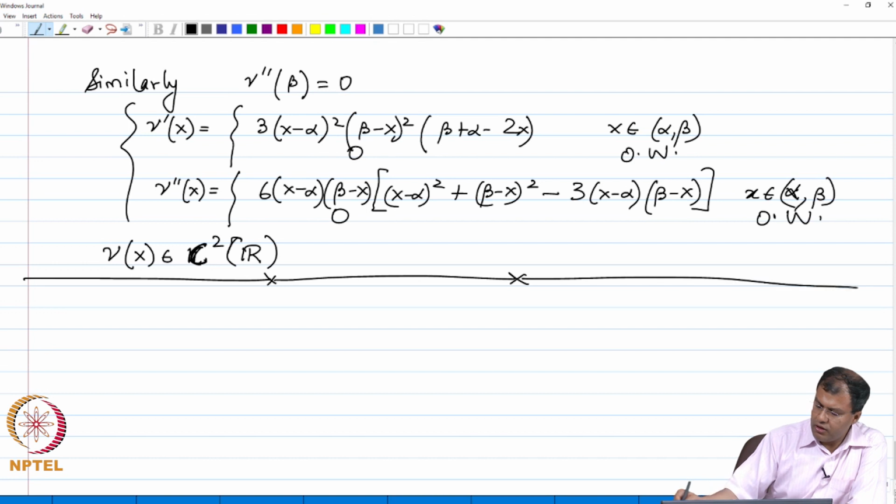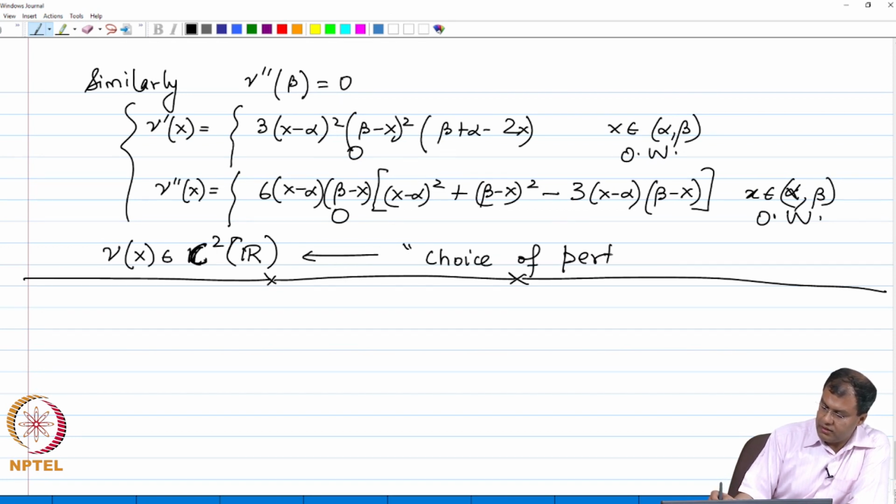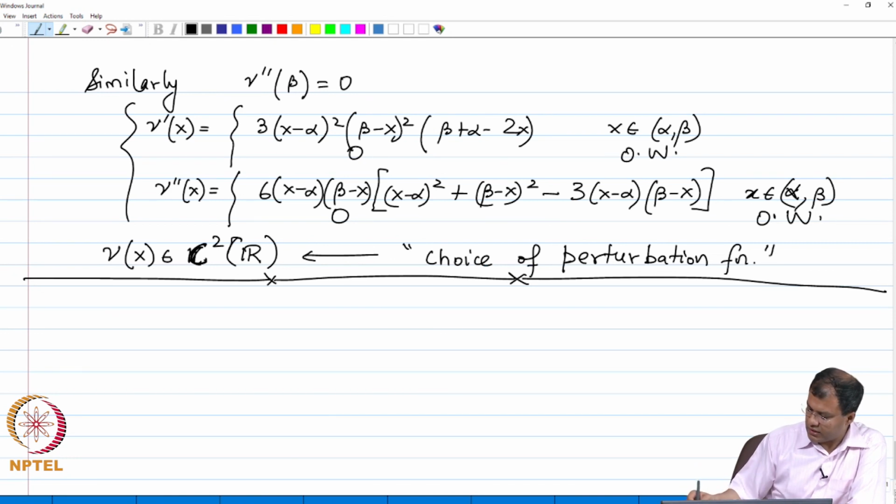So, essentially what we have shown is that nu is a choice of our perturbation function, right. Let us go back to the slide where we are going to use the lemma. So, this is the choice of our perturbation function. Let us go back 2 slides.